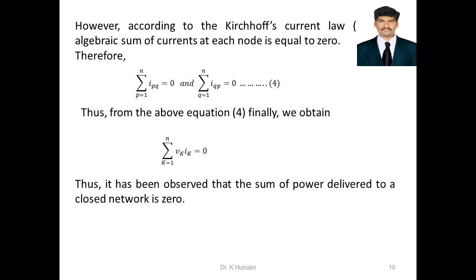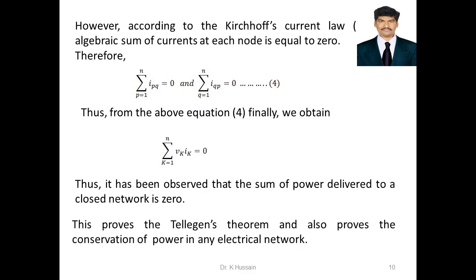So it is observed that the sum of the power delivered to a closed network is 0. If you take the entire network in total, the sum is equal to 0. So this proves Tellegen's theorem and also proves the conservation of power in any electrical network.